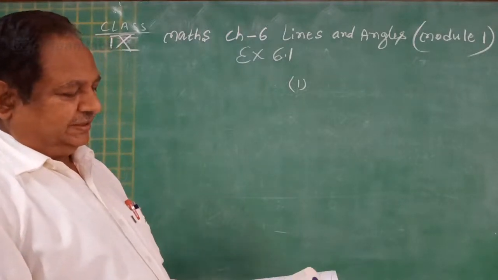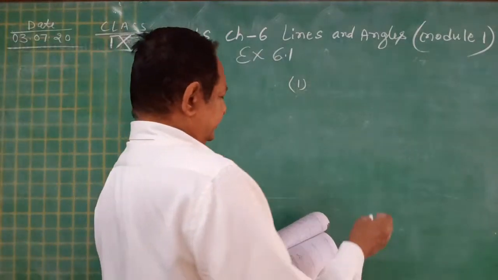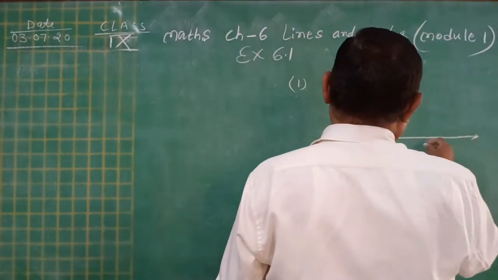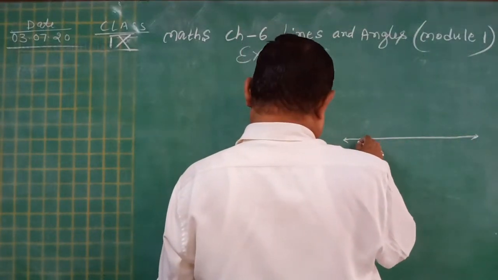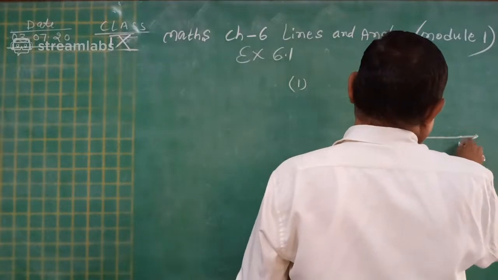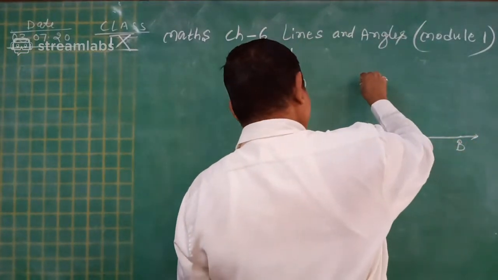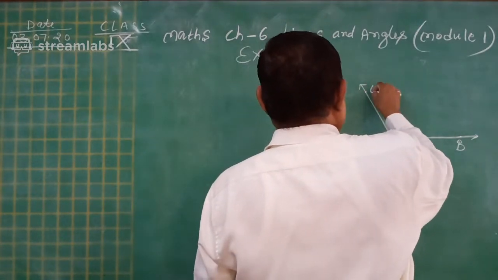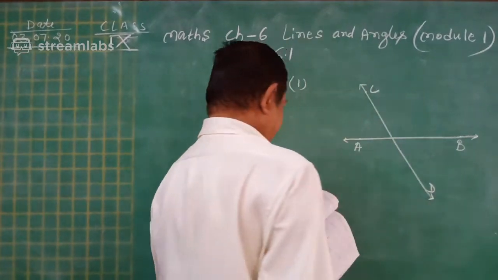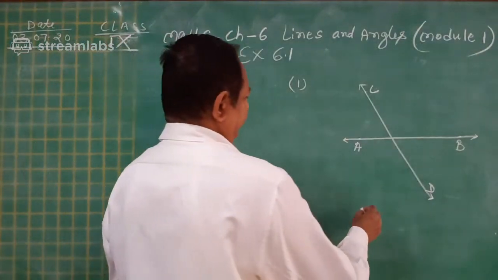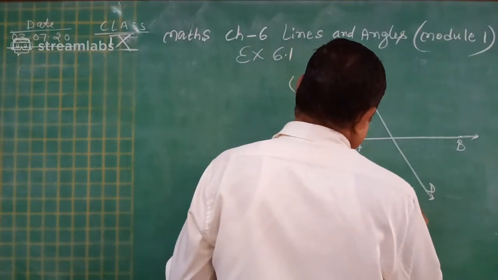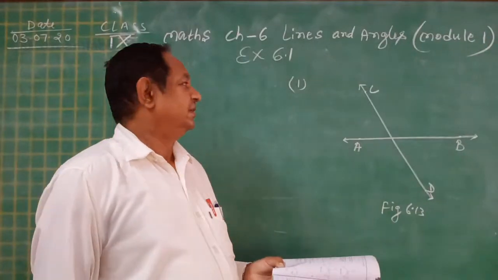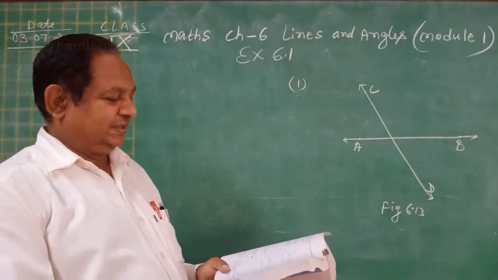So AB and CD intersect at O. So draw a diagram, AB and CD, Figure 6.13. These two lines are intersecting lines.